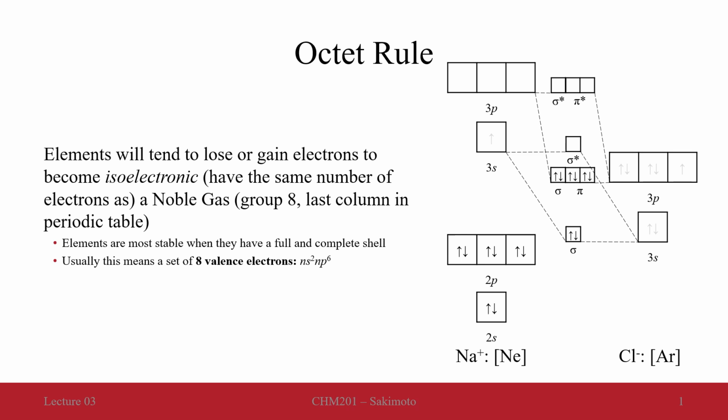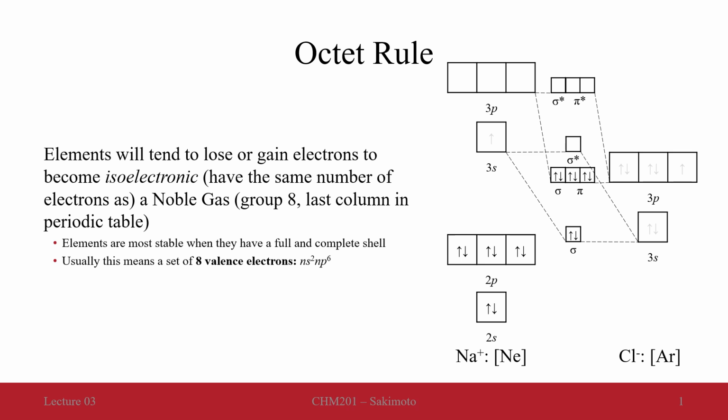Chlorine, having effectively gained one electron, now has a completely full 3s and 3p subshell, and now has the same electron configuration as argon, one element to the right. These we would call being isoelectronic, having the same electronic structure as one of the noble gases.